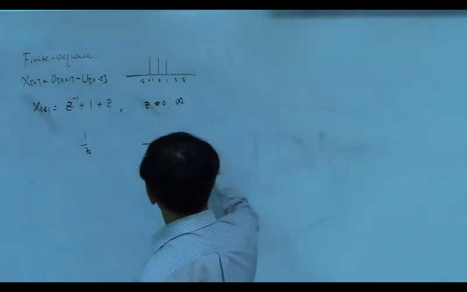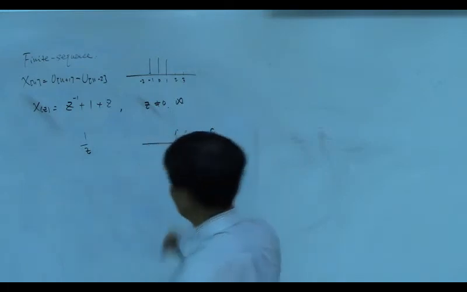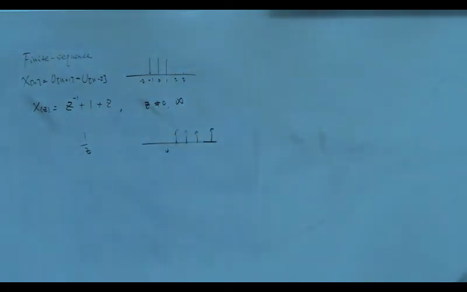Okay, let's do this. If the values are like this, what's the region of convergence? Can Z equal 0 for this one?